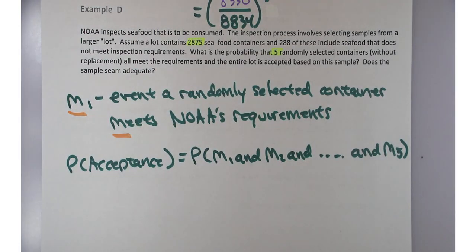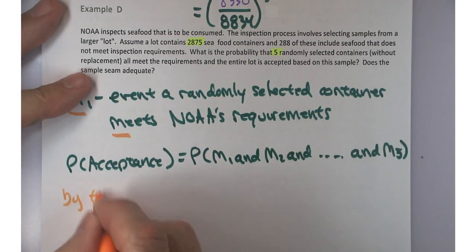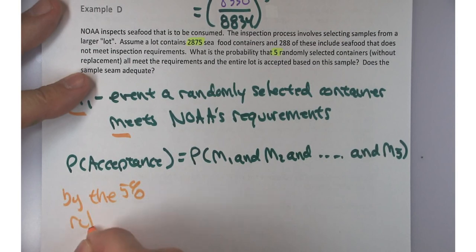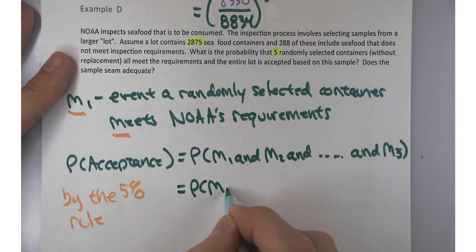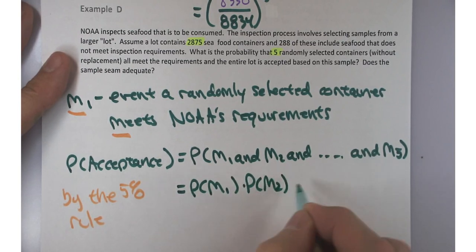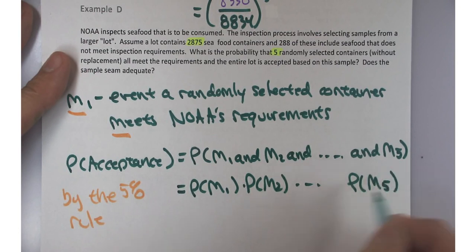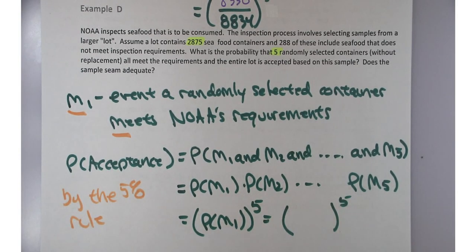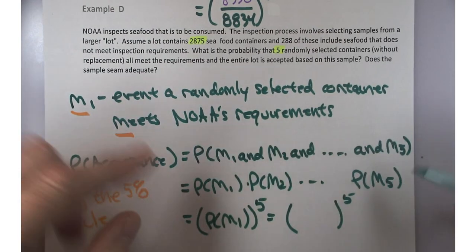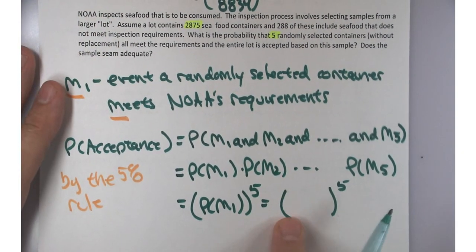So by the 5% rule, I can replace this with a calculation of M1 times M2 through M5, except we're just going to treat this as if they're all exactly the same and calculate it as the probability of the first one passing raised to the 5th power. That's our 5% rule. These are dependent events, if you wanted to be very picky about it, but we're going to get pretty close to the same probability.